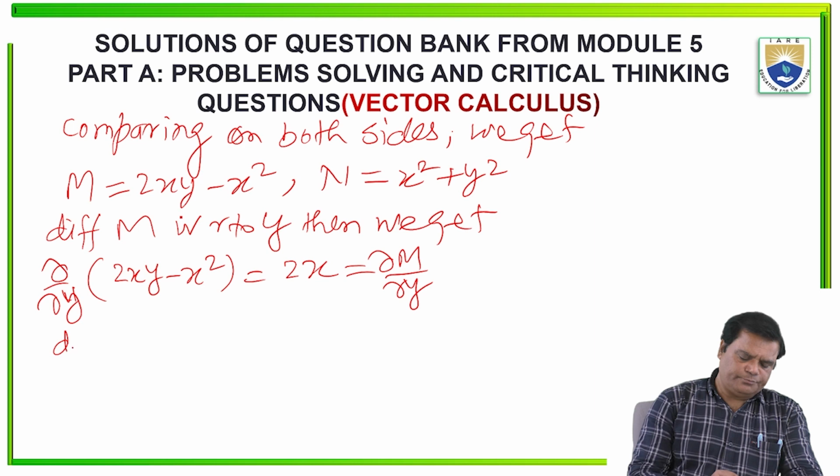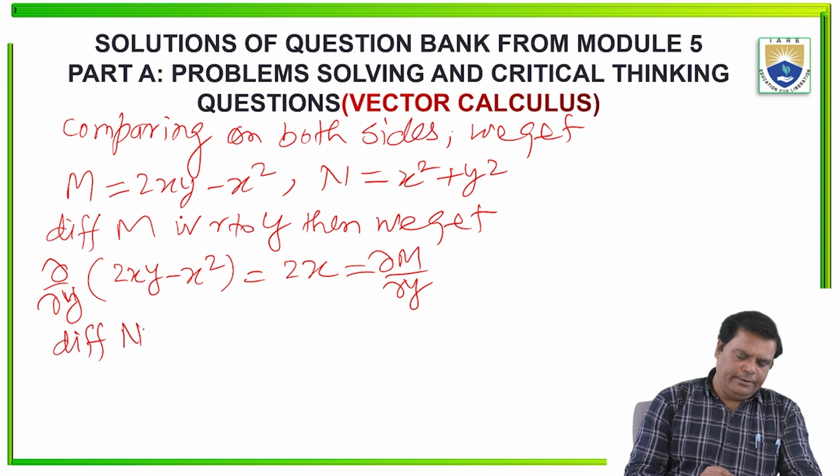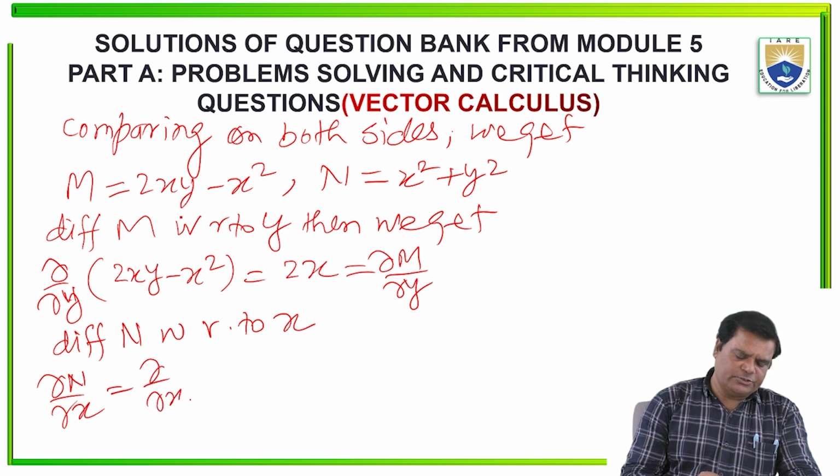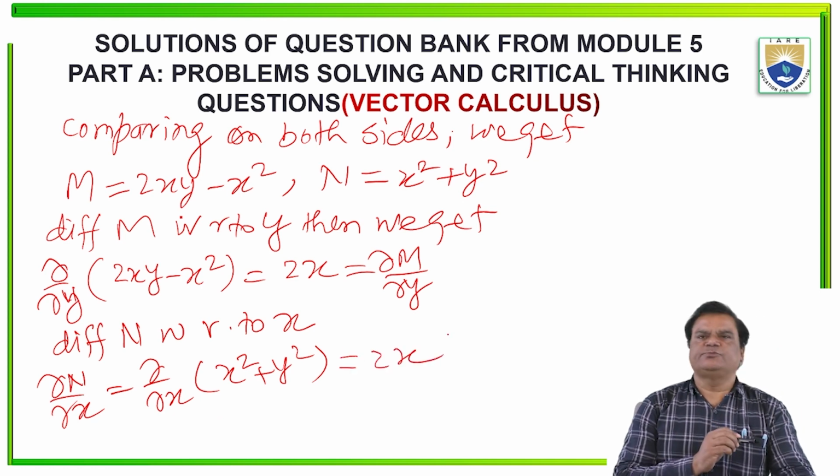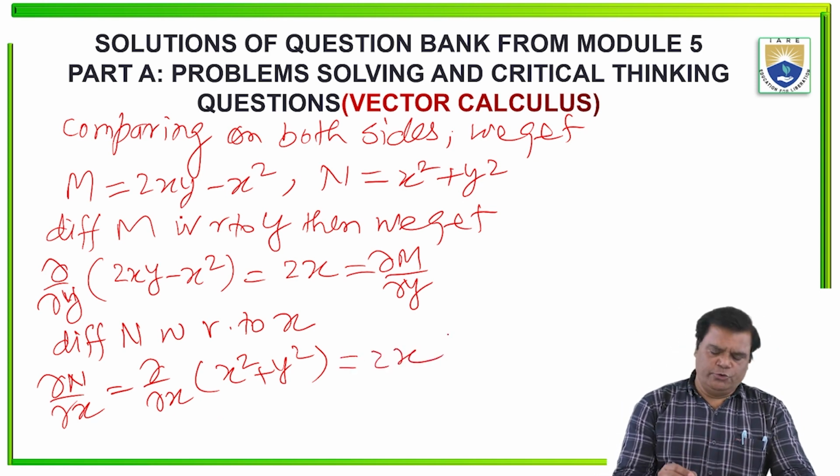Differentiating N with respect to x, N is x square plus y square, so ∂N/∂x is also 2x.